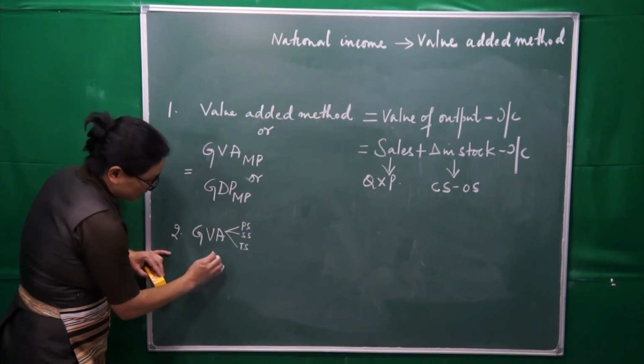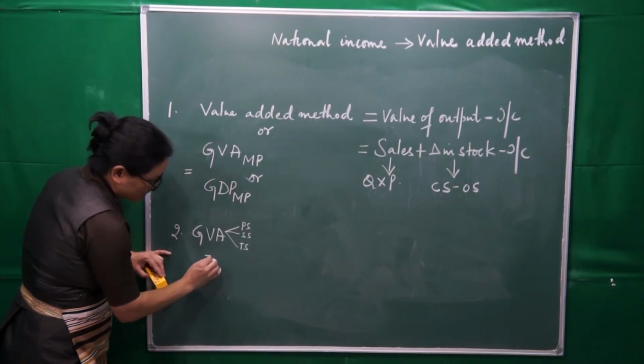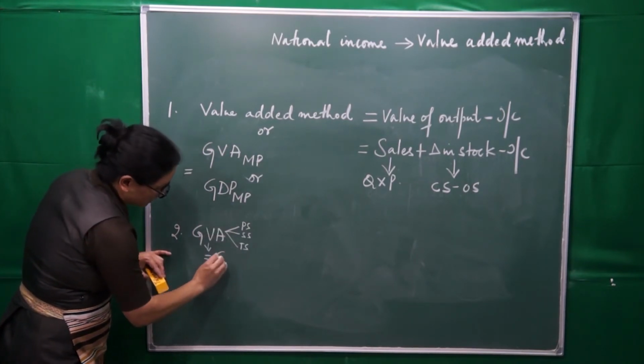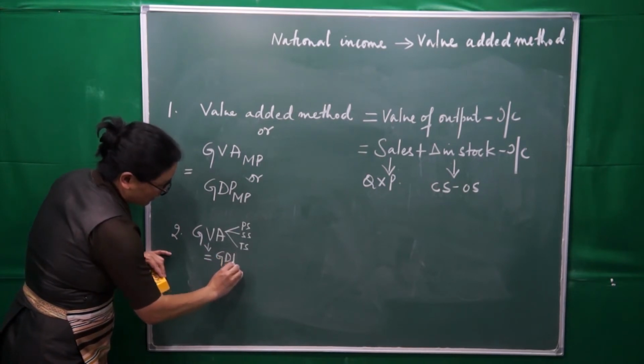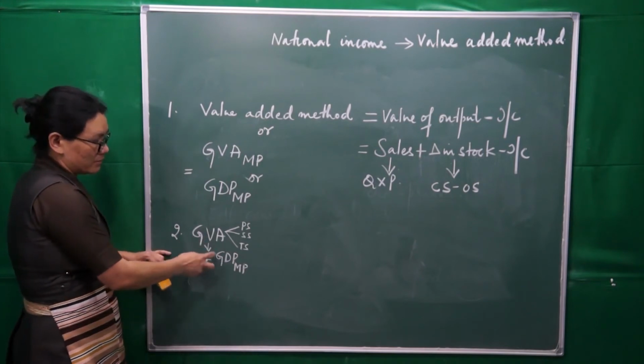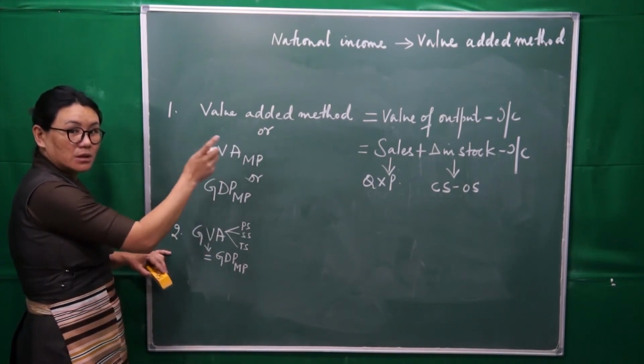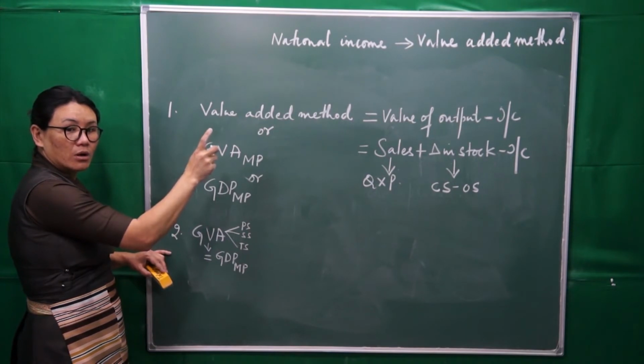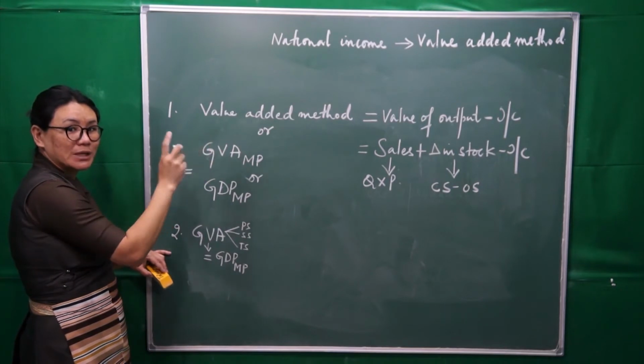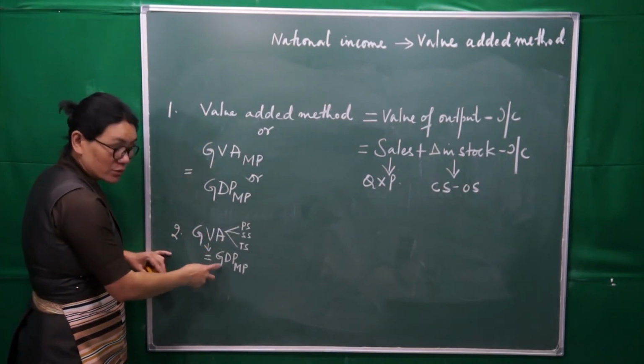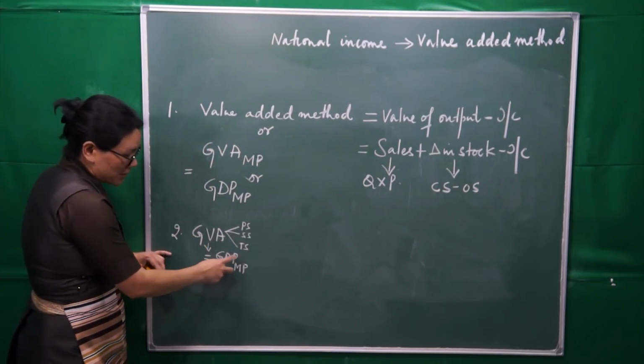This one is equal to GDP at market price. This one we have seen in the table, which I have given you before when I was dealing with value addition concept, right? So I've shown this one. So GDP at market price.